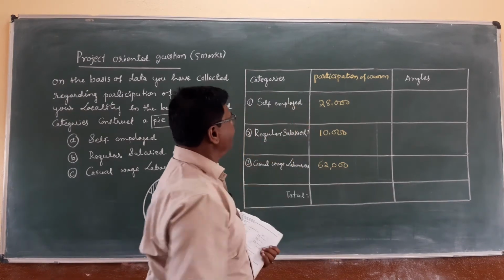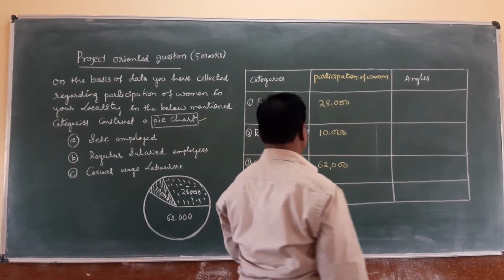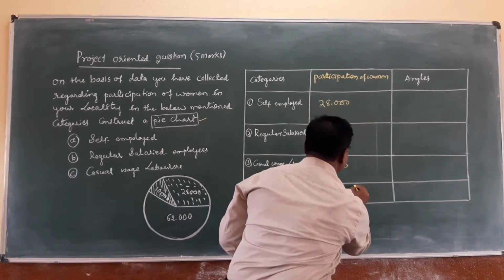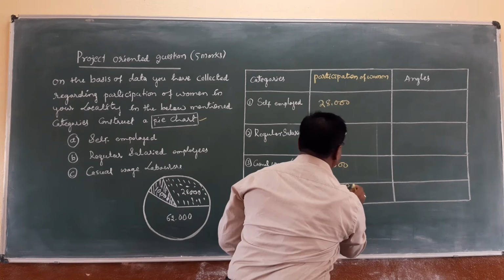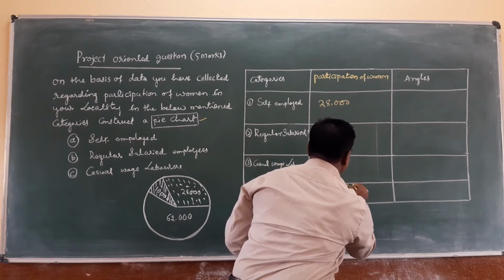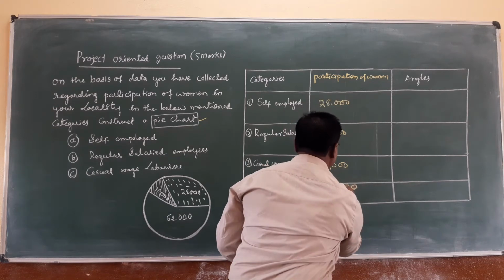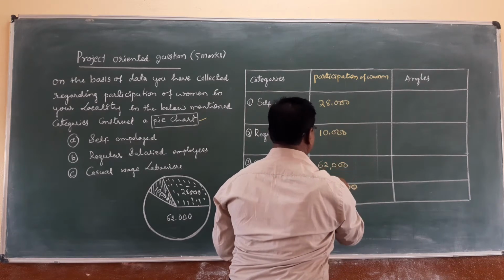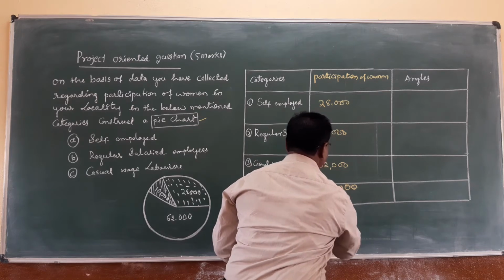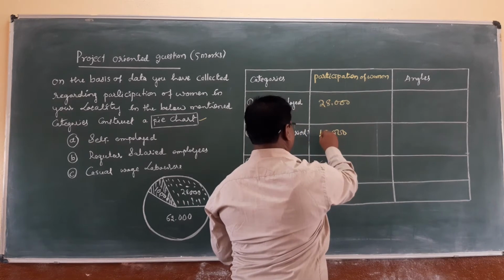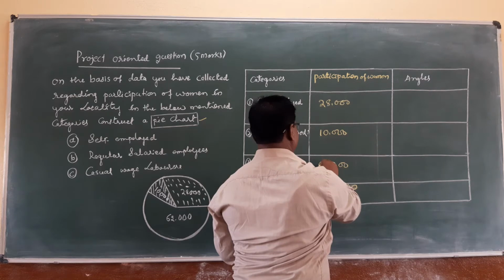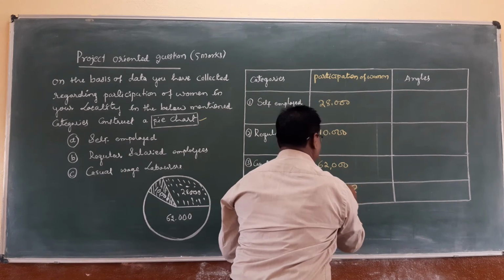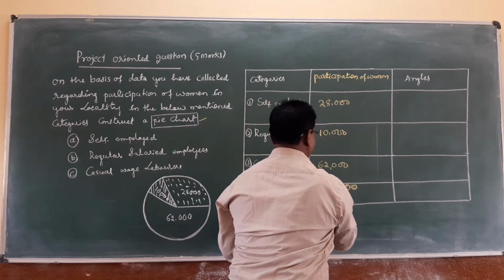And the total, you see how much the total is: 28,000 plus 10,000 plus 62,000, the total is 1 lakh.